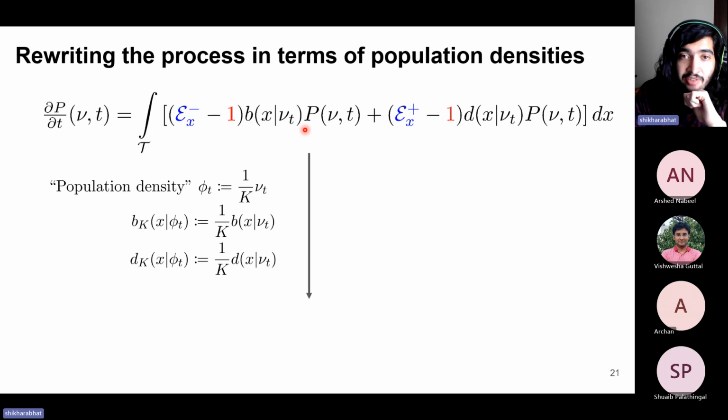Our birth rates, B of x given nu, if I just transpose this k, is k times bk, and the death rate, similarly, d of x given nu, is k times dk of x given phi.